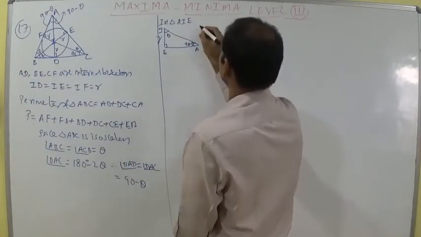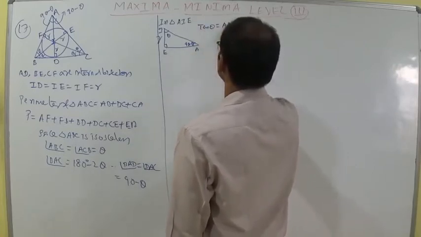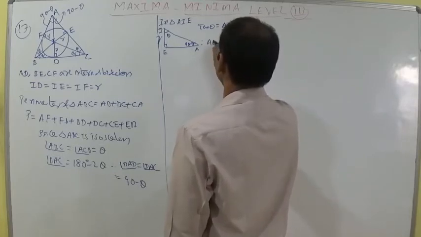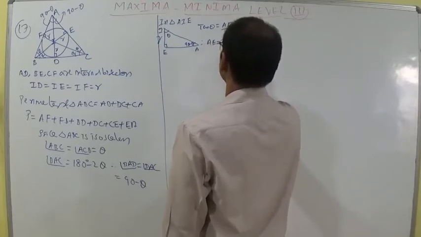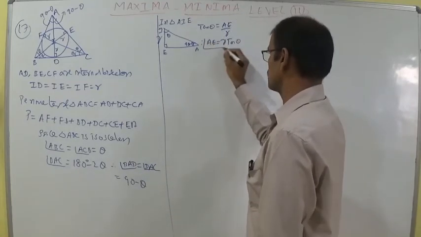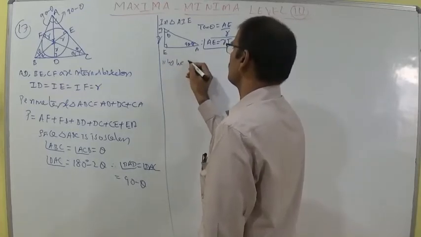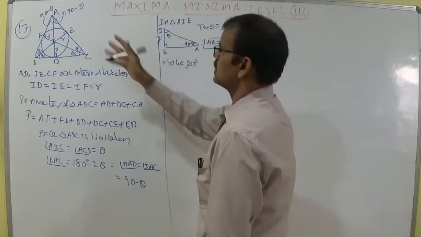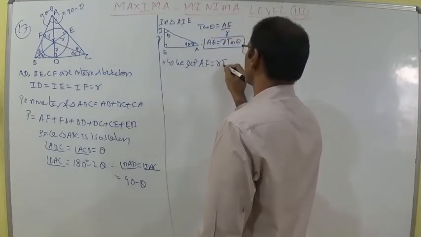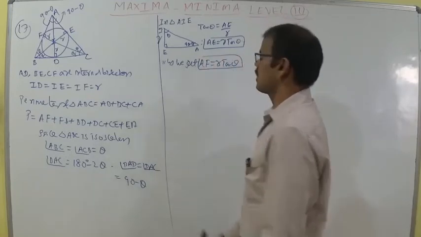Opposite of theta is AE, so tan theta is equal to AE by R. Therefore, AE is equal to R tan theta. Put a box here. Similarly, AF is also equal to R tan theta.